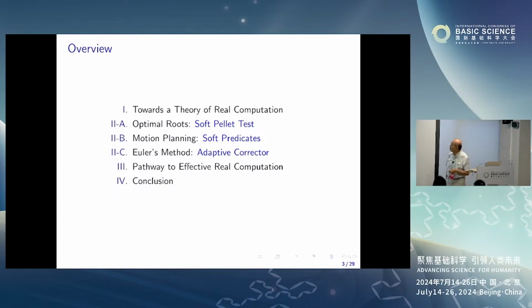So bear with me. The structure: then I'm going through optimal root plot and Euler's method, tracking a homotopy path.